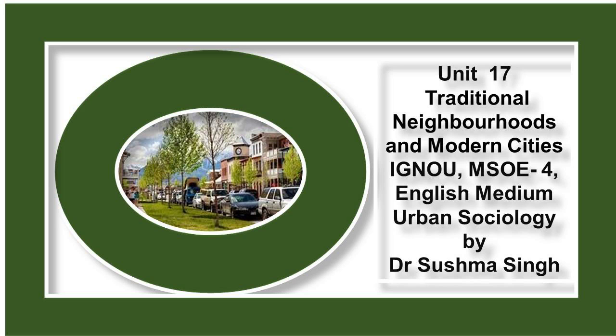Architecturally, inner city areas show traditional styles and forms of using space. They facilitate older styles of interaction and social networks. Middle classes and the rich population, on the other hand, inhabit outer city areas.